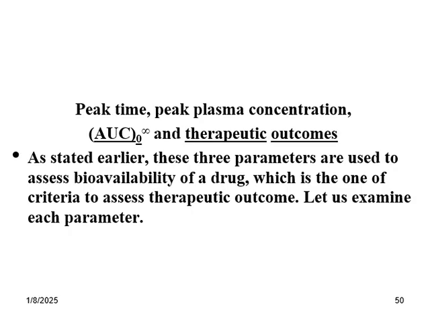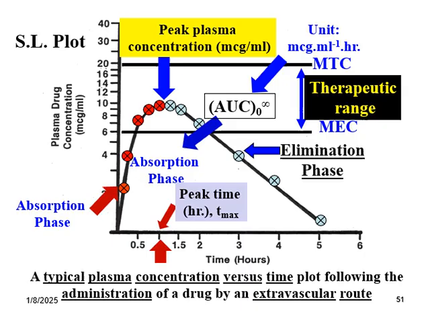Let's see the parameters one by one. Let's look at this plot, plasma drug concentration versus time. Actually, we have introduced this, right? So where is the onset of action? Where is the termination of action? Where is the absorption phase?